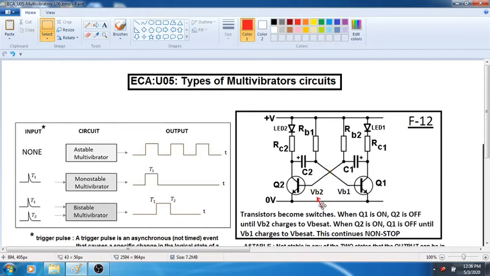So this will go to negative, it has to charge through RB2, and then once it reaches 0.7, the Q2 will become saturated. So when Q2 becomes saturated or goes on, this voltage suddenly becomes 0 from a high value, and this will be directly translated to the base by the same amount. So Q1 will become high. So when Q1 is high, Q2 will be low, and Q1 is low, Q2 will be high.